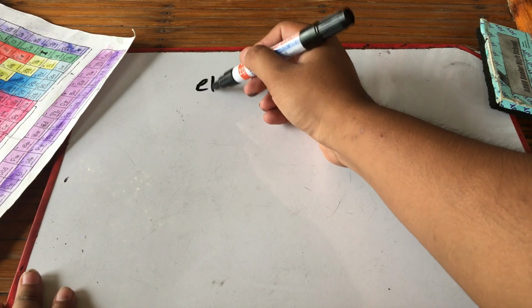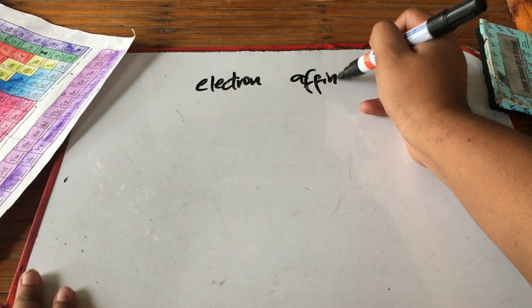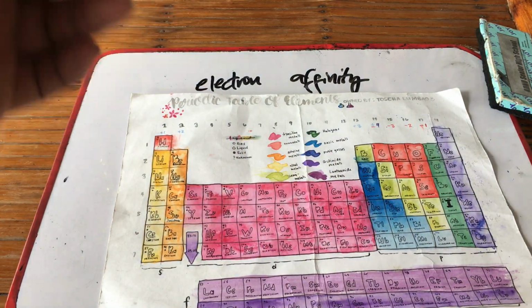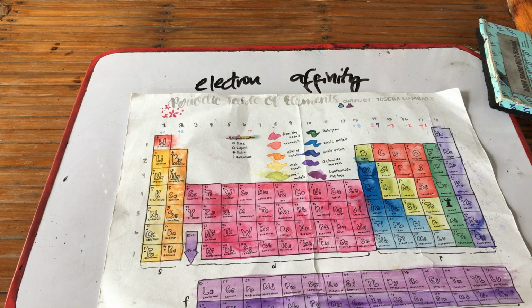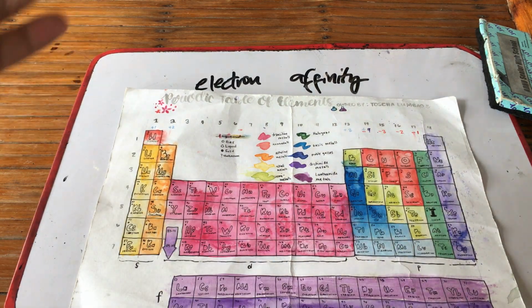Alright. For the fourth one, we have the so-called electron affinity. Electron affinity. What do we mean by electron affinity? Electron affinity simply means the ability of an atom to attract electron.